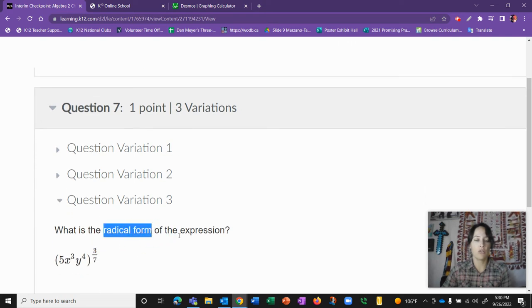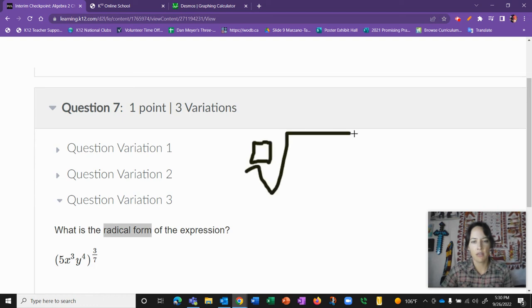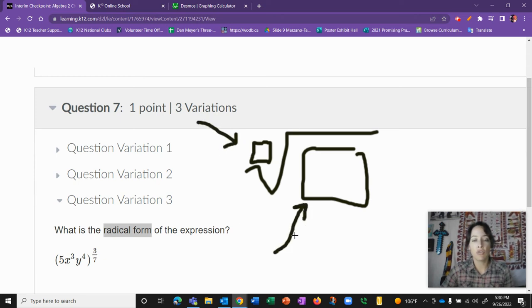Radical form. So on your school keyboard, you're going to need to use the one, here now I need to show you this, the one that has the little box and the big box. You're going to need to put the root there, the denominator, and you're going to need to distribute the numerator, the exponent, to get the fully whatever term inside of here.